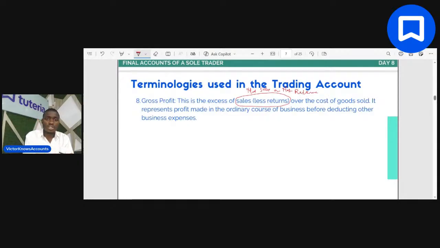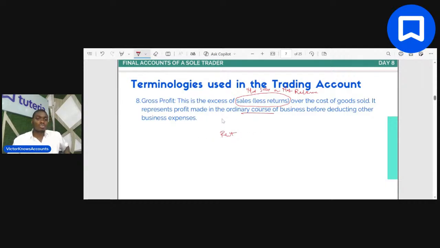Is that fine? So it is the profit made in the ordinary course of business before deducting other business expenses. If you are selling bags of rice, for example, your gross profit is the profit you made from selling rice, assuming that there were no other business expenses. If you pay rent, you did not come into business to be paying rent, you came to sell rice.